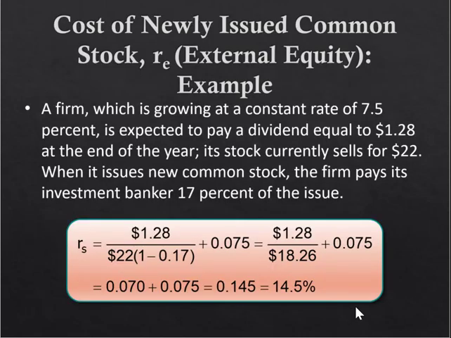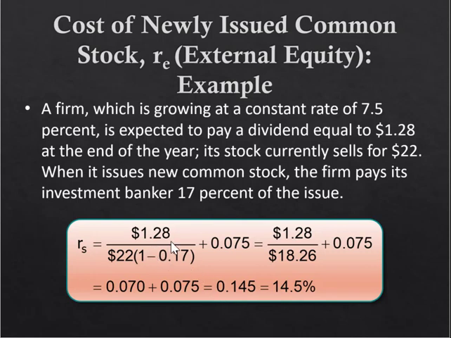So let's take a look at an example. A firm which is growing at a constant rate of 7.5% is expected to pay a dividend equal to $1.28 at the end of the year. Its stock currently sells for $22. When it issues new common stock, the firm pays its investment banker 17% of the issue. It's pretty high, by the way. So what does that look like?